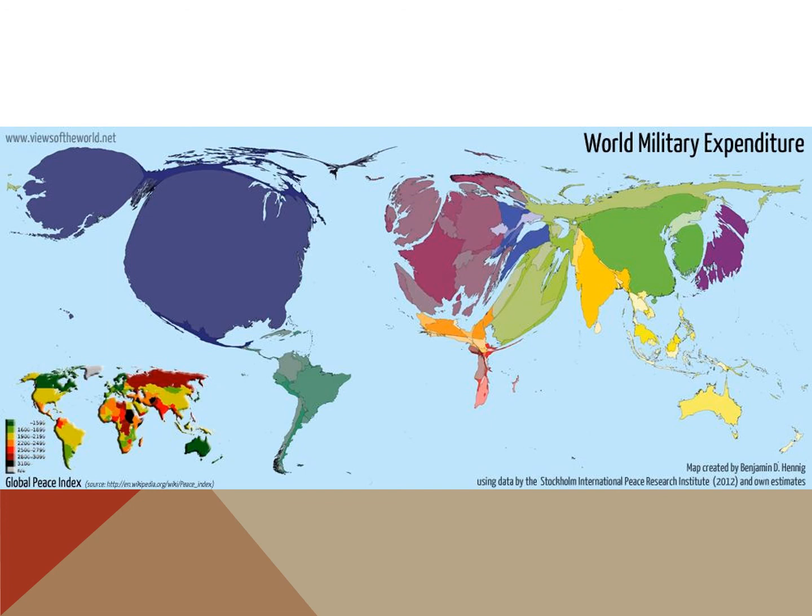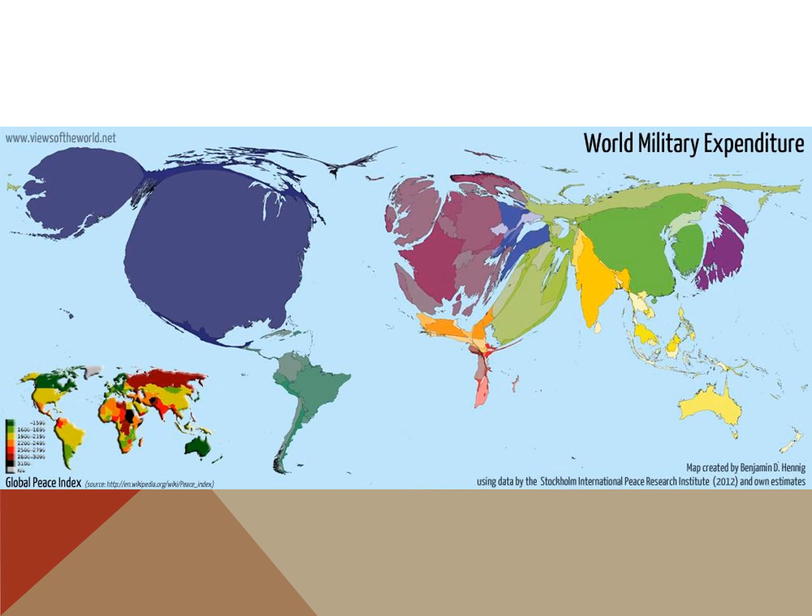Mexico, same down here. Notice Africa and South America look like they've been drained of all their money because they're just so squished. This is China, this is Japan, this is South Korea.